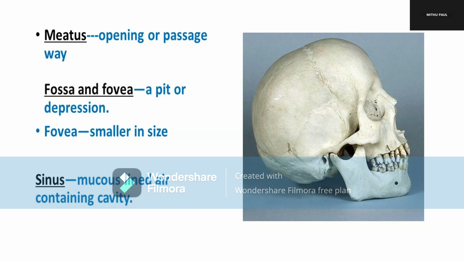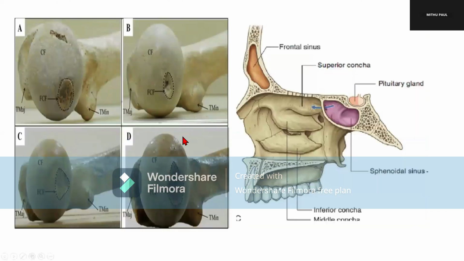When this bony cavity is covered with mucous membrane, it is known as a sinus. So there are lots of sinuses by the side of your nose, known as paranasal sinuses. This is an example of a fovea lying at the upper end or head of the femur, giving attachment to a ligament. So this is a circular depression on the head of the femur, known as a fovea.